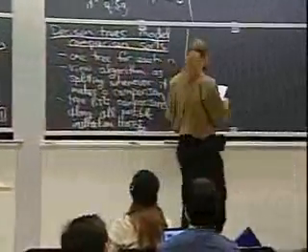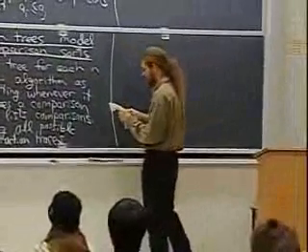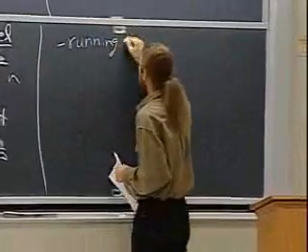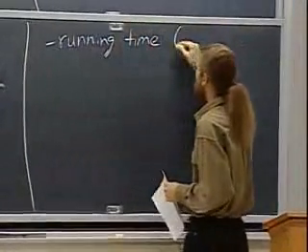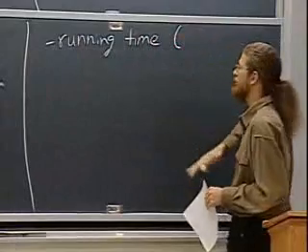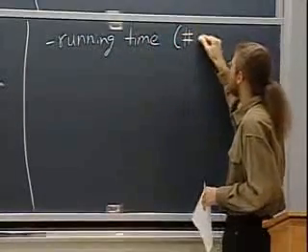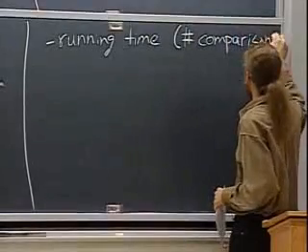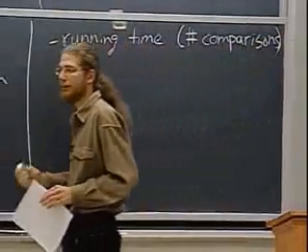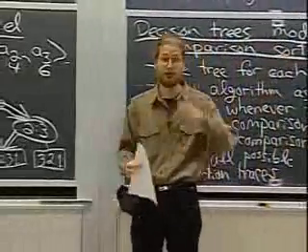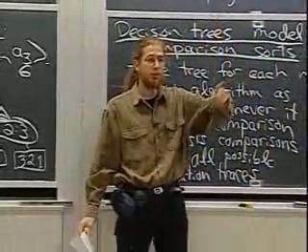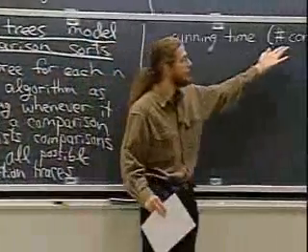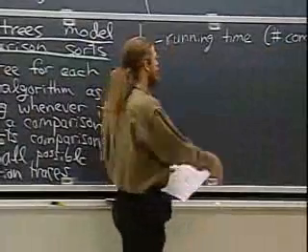Okay, so let me talk about leaves in a second. Before we get to leaves, let's talk about the depth of the tree. So this decision tree represents all possible executions of the algorithm. If I look at a particular execution, which corresponds to some root to leaf path in the tree, the running time, or the number of comparisons made by that execution, is just the length of the path.